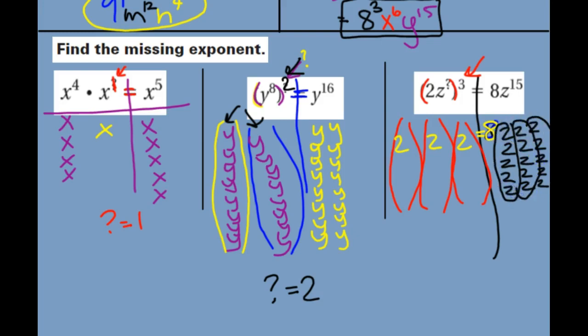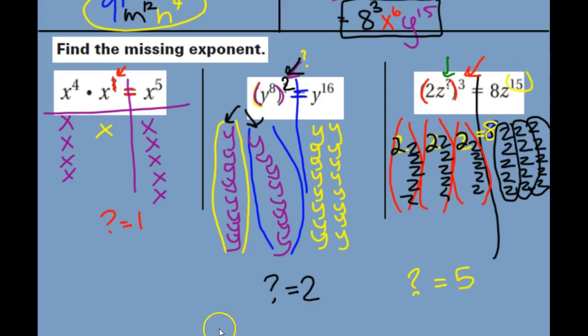We would have 3 groups of 5. So we would need 1, 2, 3, 4, 5 z's here. These are 2's. And then we have 5 z's in each. So our question mark, what we are missing right there, we would need 5 z's in each group in order to get to a total of 15.